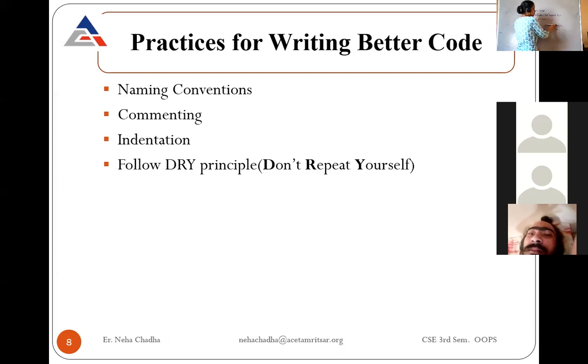But this is not suitable because Neha is a name, it's in string format, and I'm using it as a variable. Use variable names very carefully. B equal to 20. int C equal to A plus B. Then you are easily able to understand that I'm going to add two numbers.